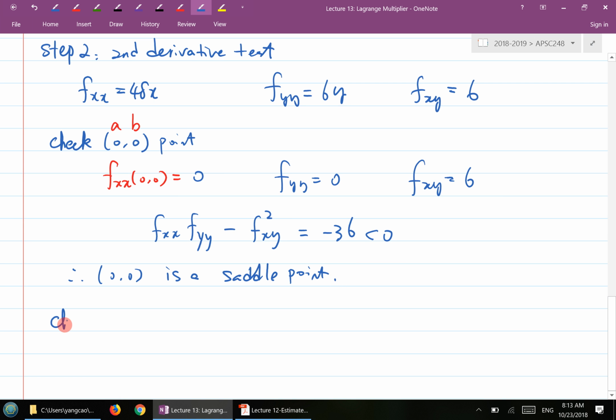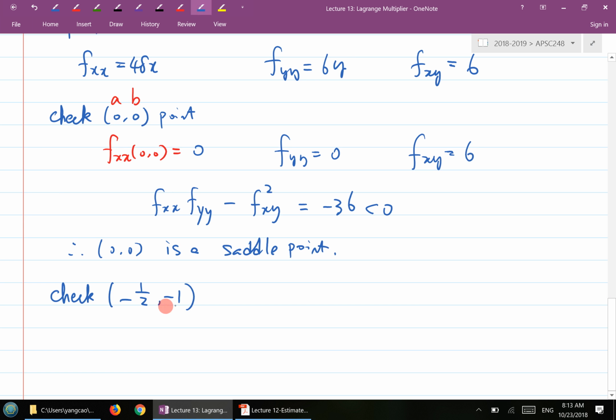Okay, now let's check the second stationary point, negative 1/2 and negative 1. For this particular point, I can plug x and y into the 3 second order derivatives, and we get fxx equal to negative 24, and then fyy equal to negative 6. fxy is still 6.